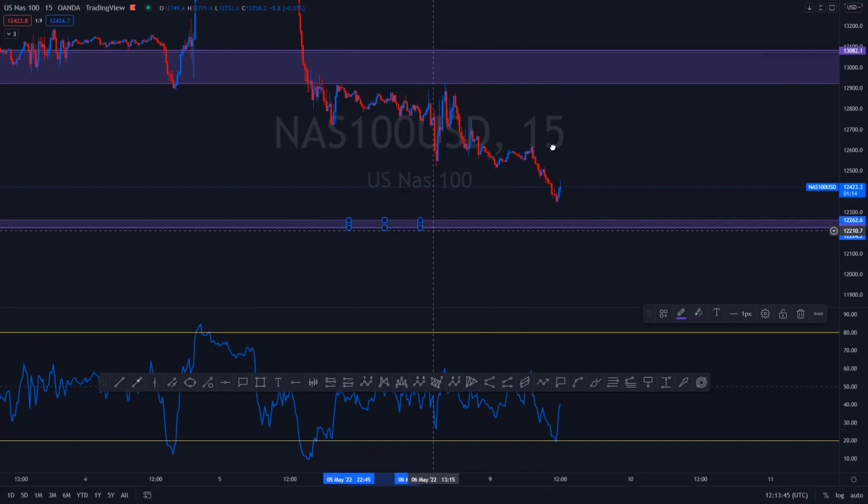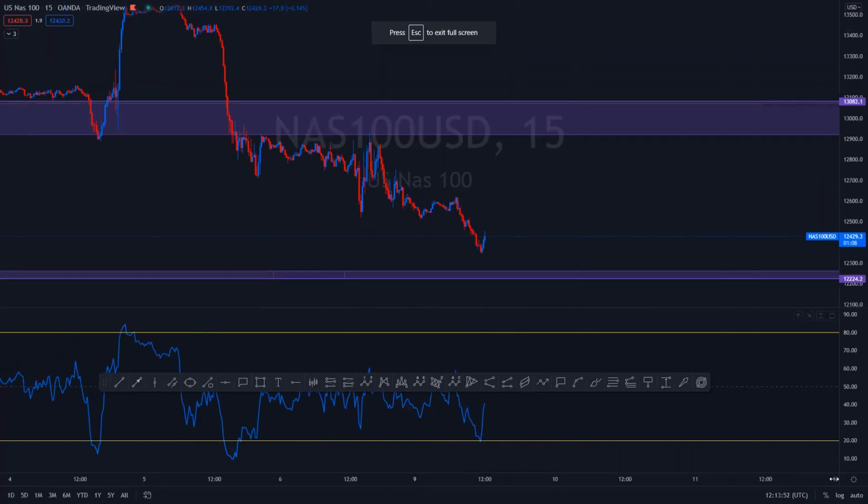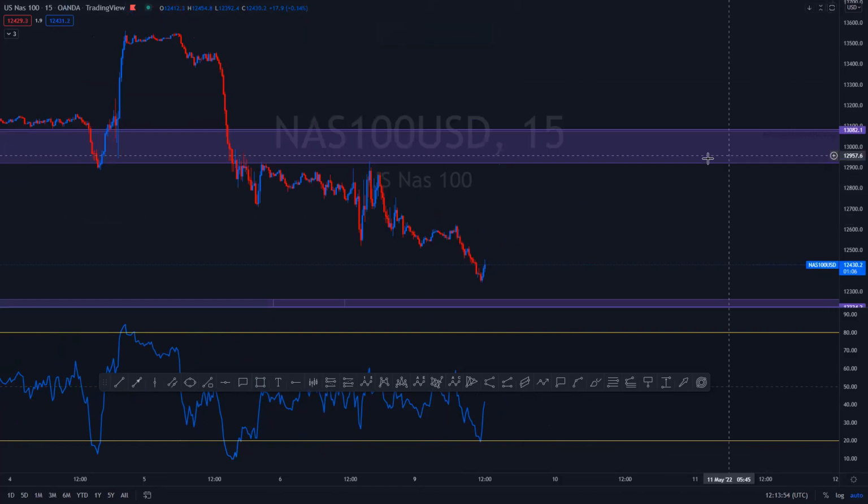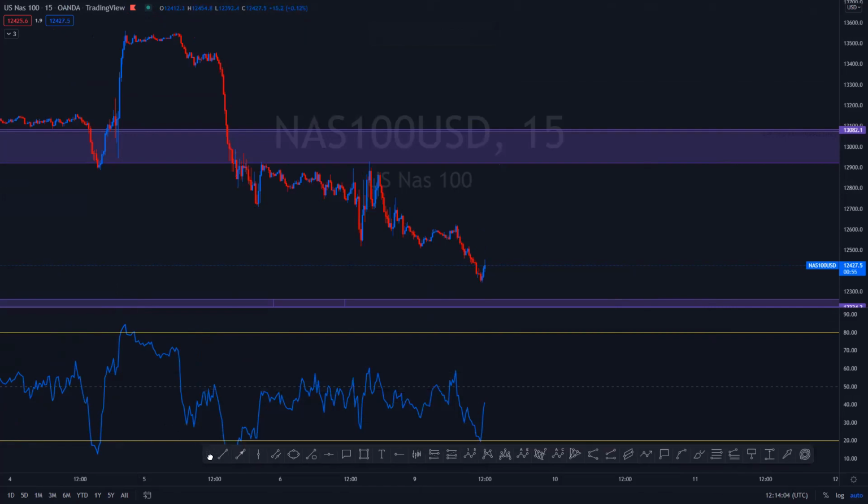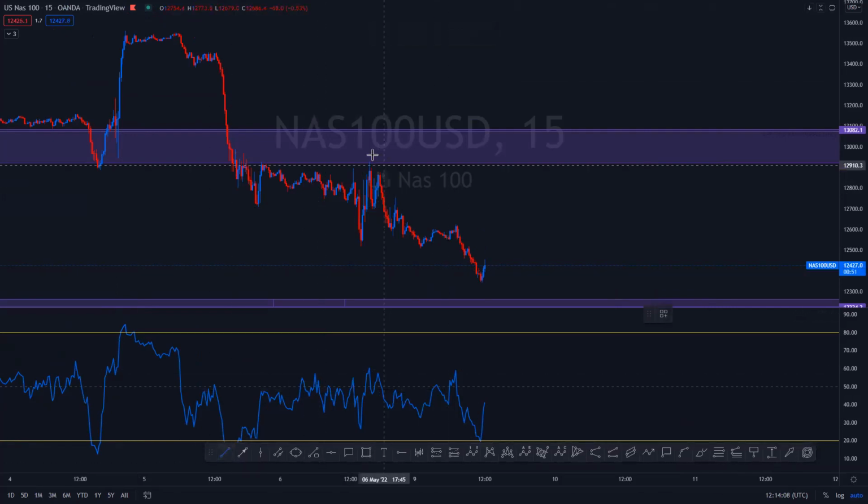So at this point, we have completed step one. And so now we want to identify the trend in this market. Well, when I look at the trend in this market, we can clearly see that price started trending down, of course, to this point.